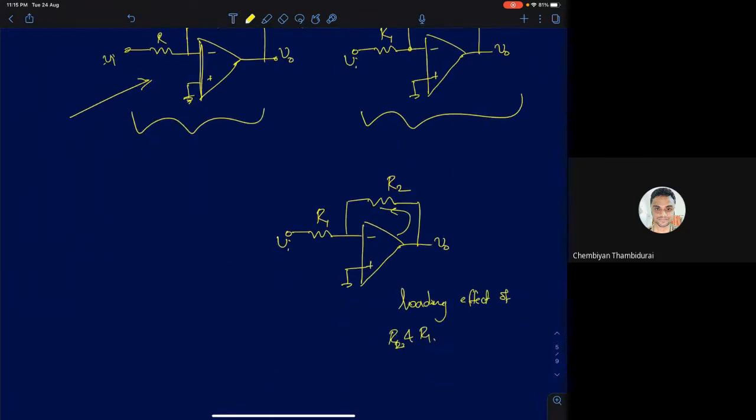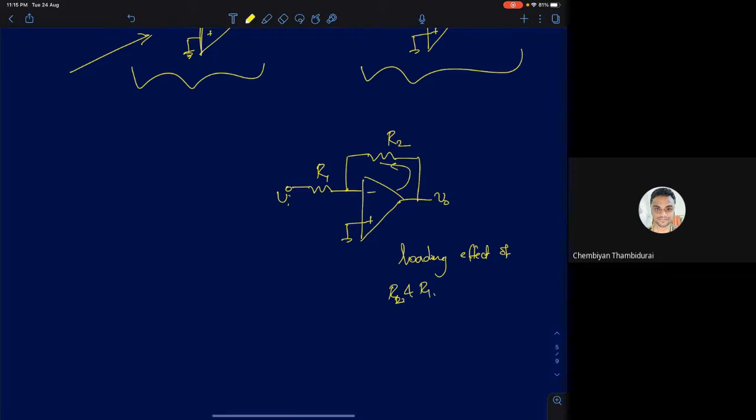Let's first look at the inverting amplifier. Now, practical op amps, if you recall from your previous semester's course, we were introduced to the idea of operational transconductance amplifiers. We said most op amps are operational transconductance amplifiers, meaning their output resistance will be very high.